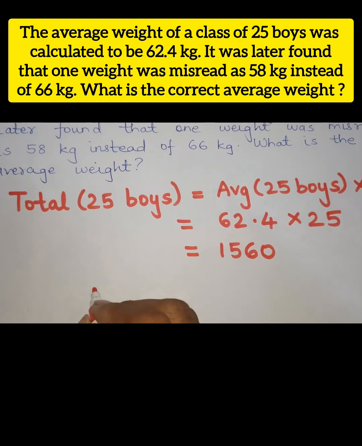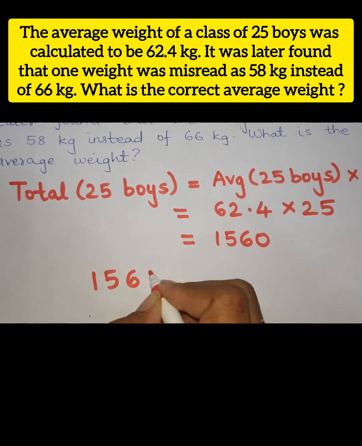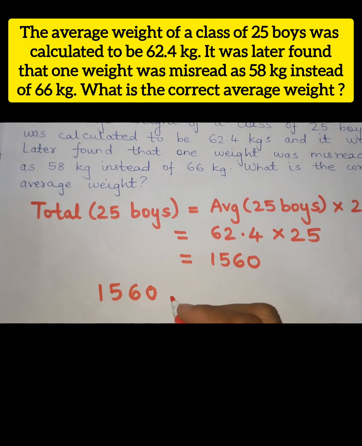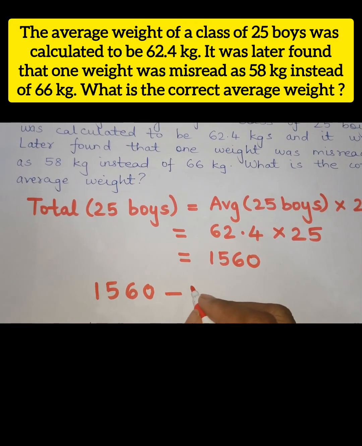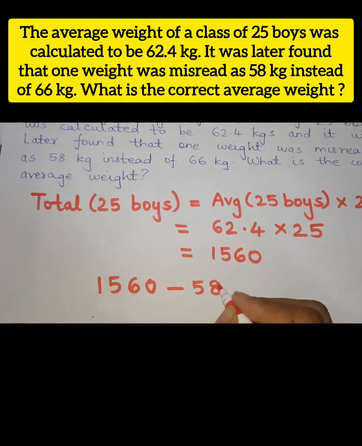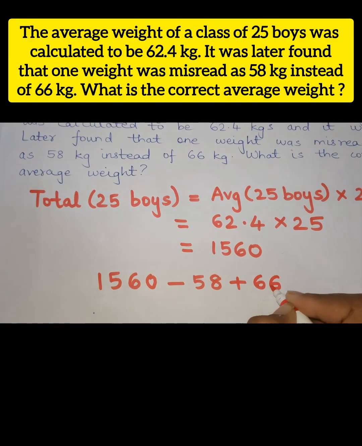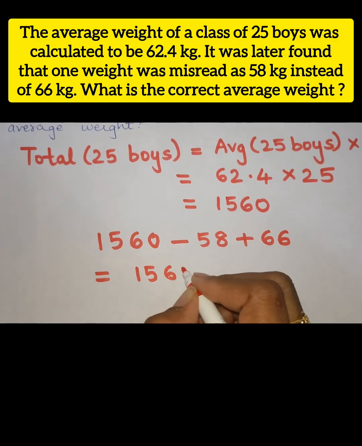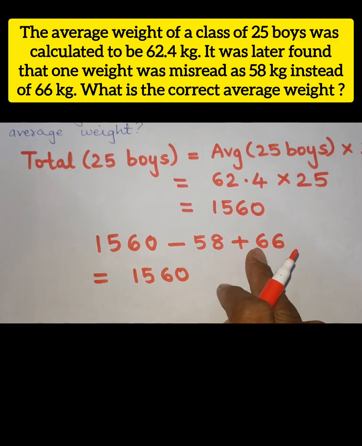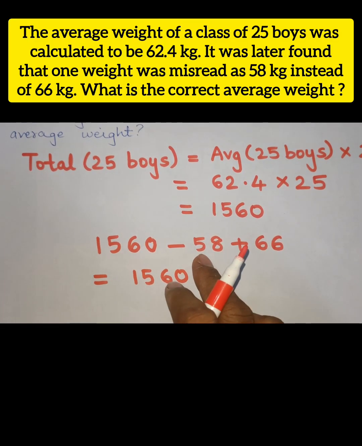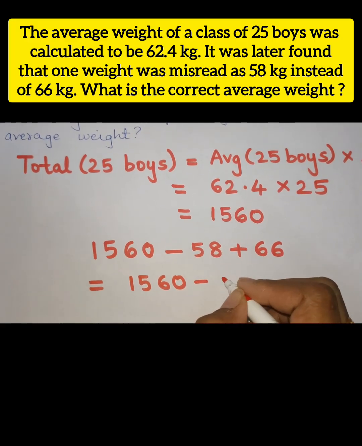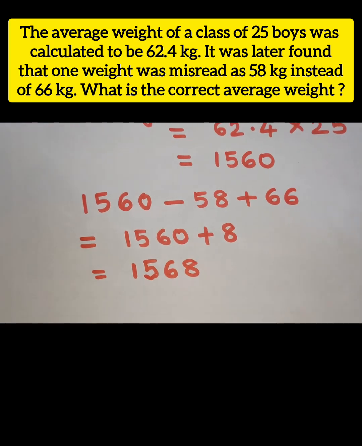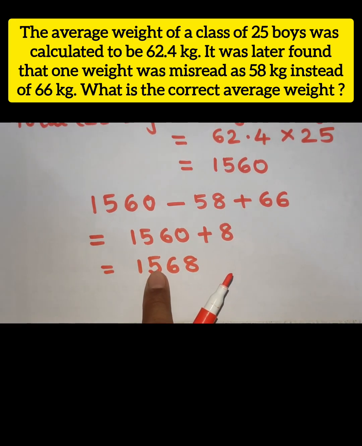So it is simple that from this total of 25 boys, which is 1560, we need to remove 58 and add 66. So removing 58 and putting 66 means 1560 minus minus plus is plus, 66 minus 58 is 8. So we are going to add 8 to this. So the new total is 1568.